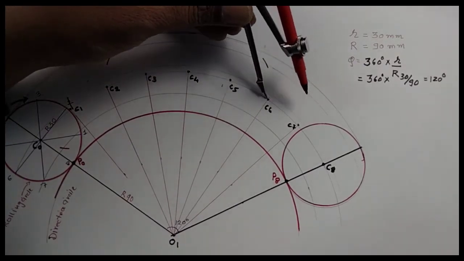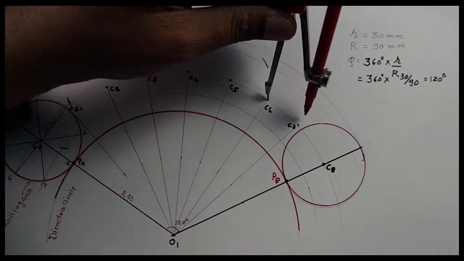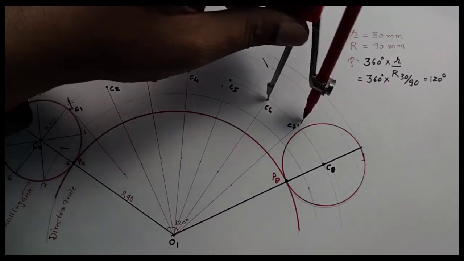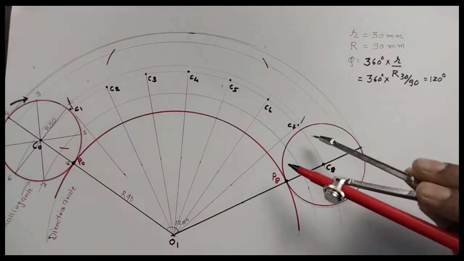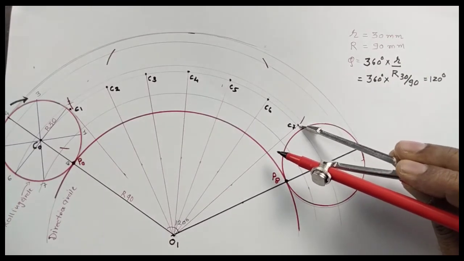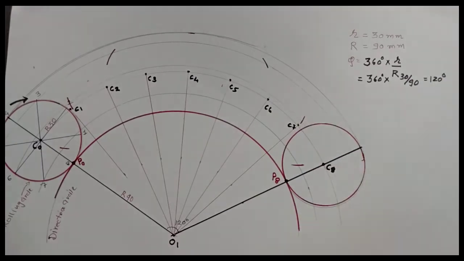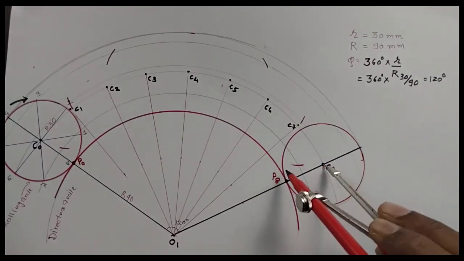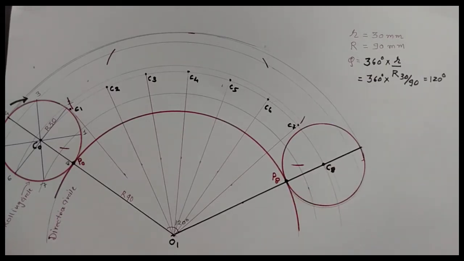Then with C6 as the center we draw the arc on the 6 number circle. Similarly, choose your C7 center and draw the arc on the 7 number circle. With C8 center, you can draw the arc on the 8 number circle. Already we have the P8 point. So the other points we are going to mark here.